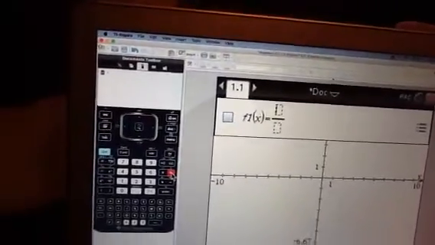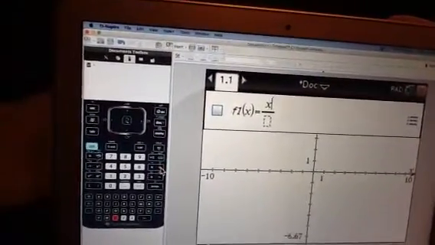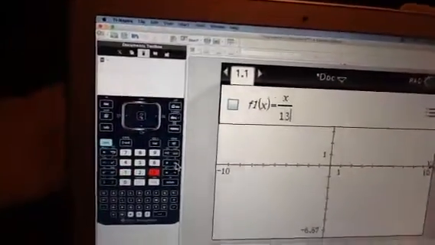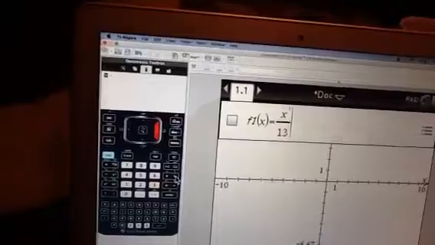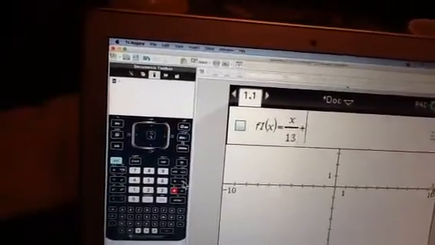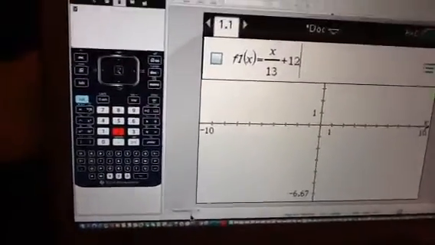And I'm going to have x divided by 13 plus 12. I'm going to double check. Let me go back to my equation. X divided by 13 plus 12.